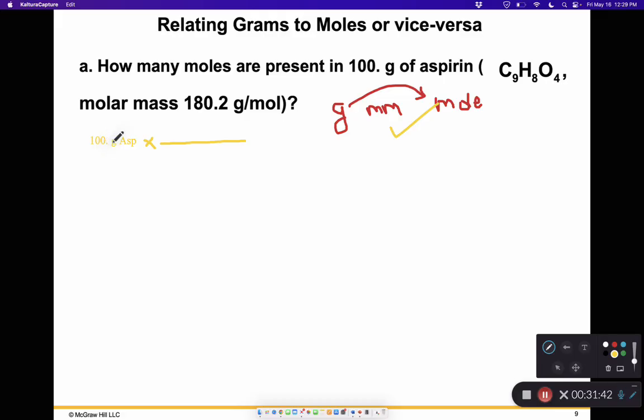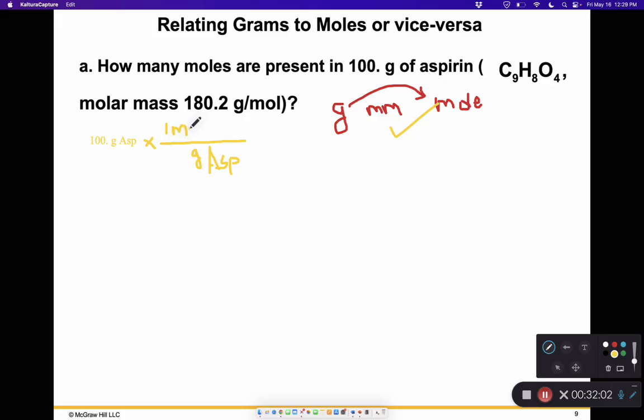I have grams here, so I need to write the gram on the bottom. This many grams of aspirin, I need to convert into moles, so I will write mole on the top.